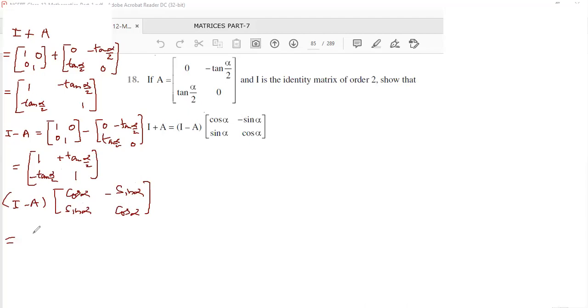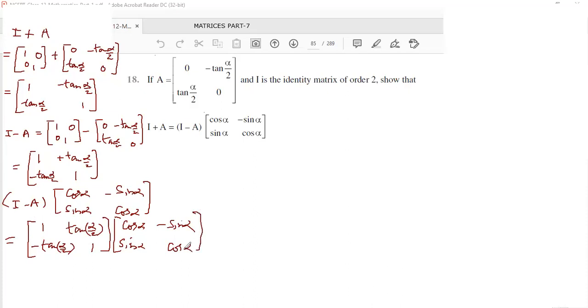Substitute the value of I - A. I - A is [1, tan(alpha/2); -tan(alpha/2), 1], multiplied with [cos alpha, -sin alpha; sin alpha, cos alpha].